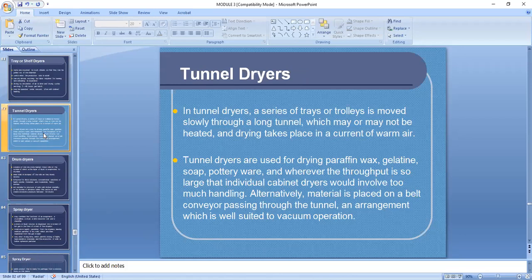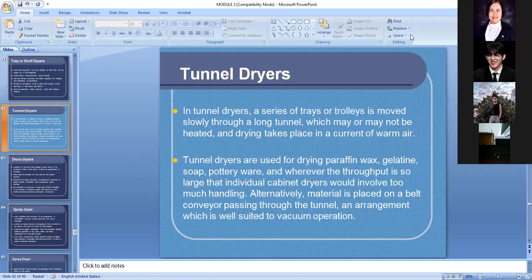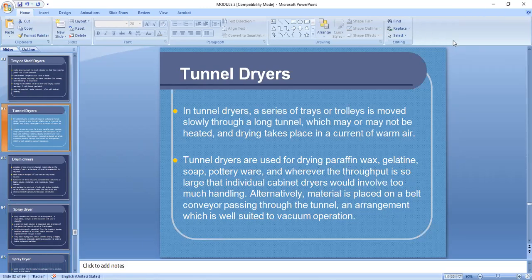Now, these tunnel dryers are used for drying paraffin wax, gelatin, soap, pottery ware, and wherever the throughput, meaning the production rate, is so large that individual cabinet dryers, in the case of tray drying, would involve too much handling.